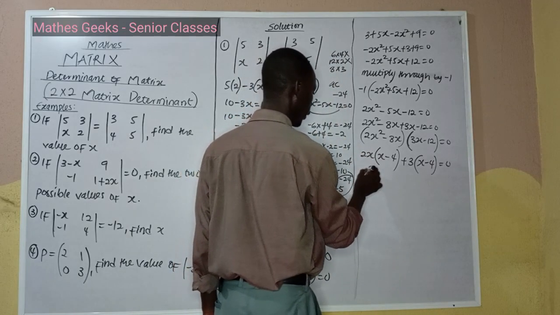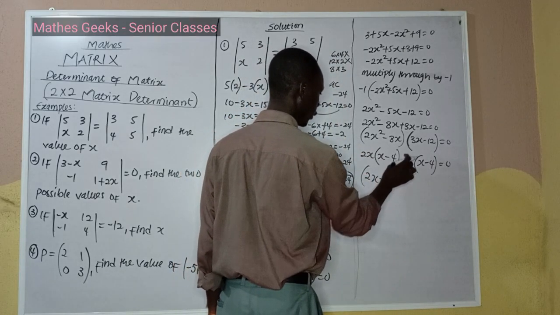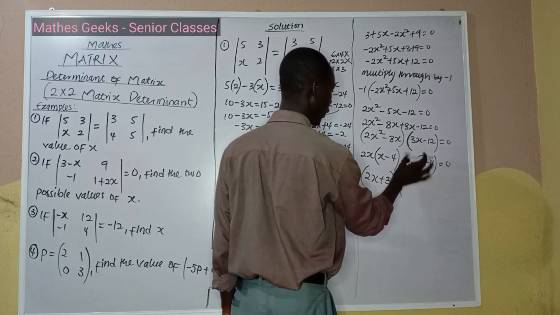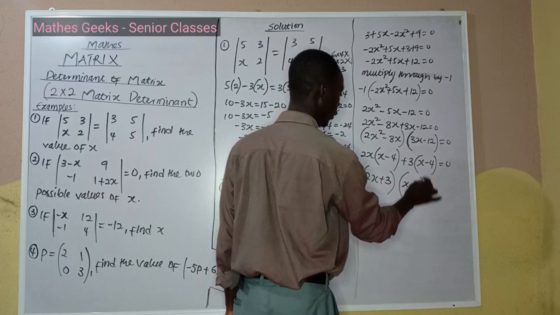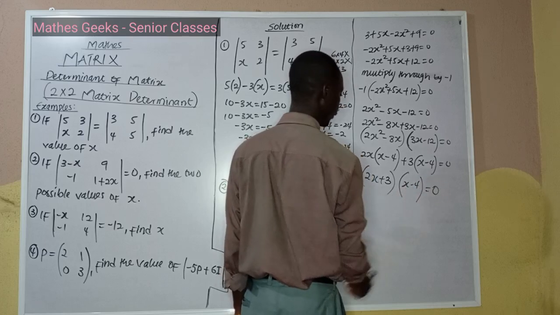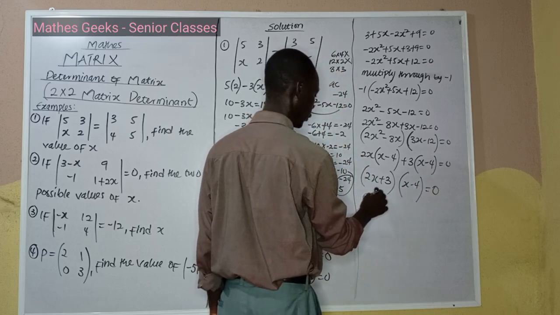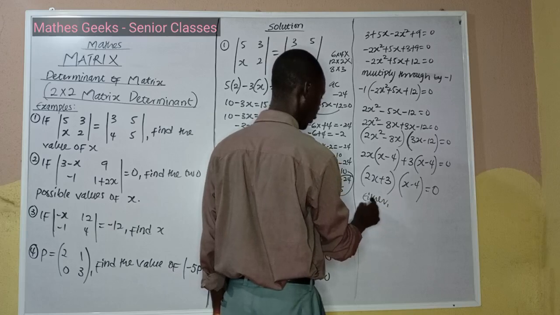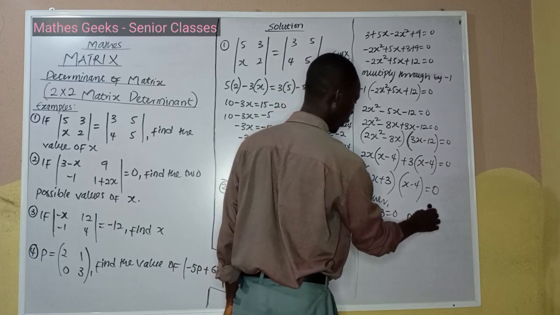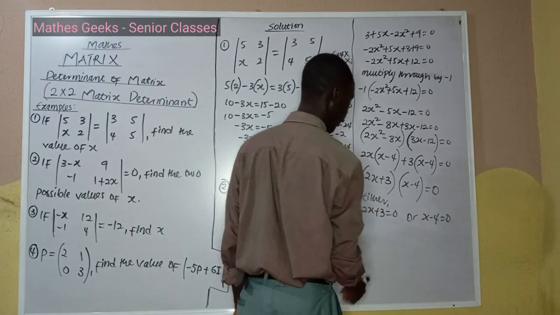So 2x plus 3, then since the two are the same, take one of them, x minus 4 equals 0. So either 2x plus 3 is equal to 0, or x minus 4 equals 0.